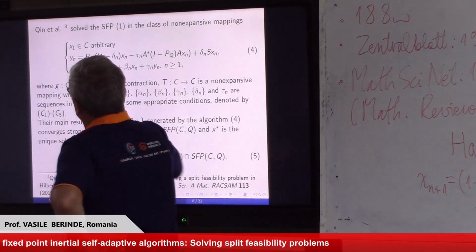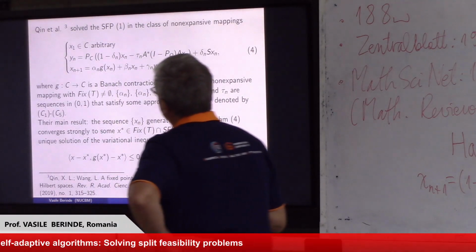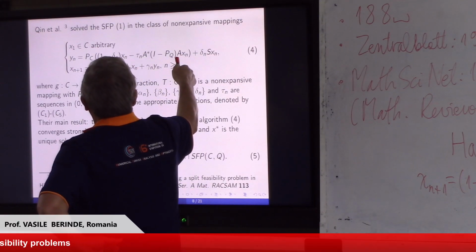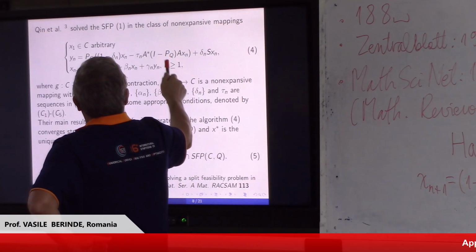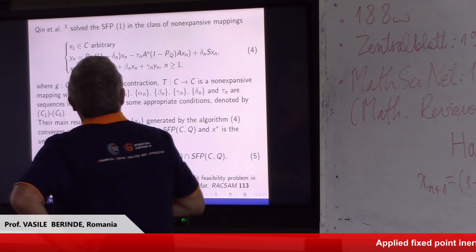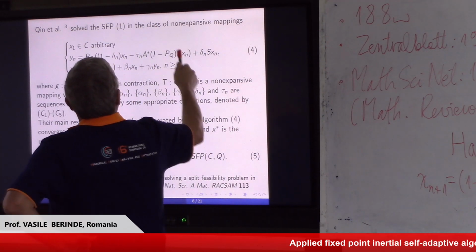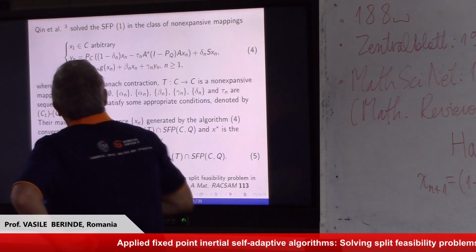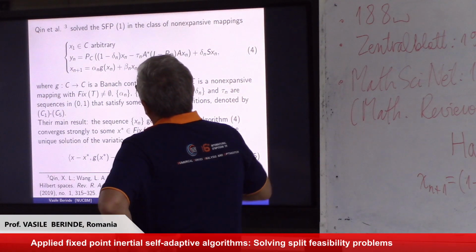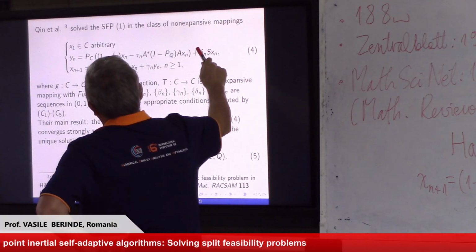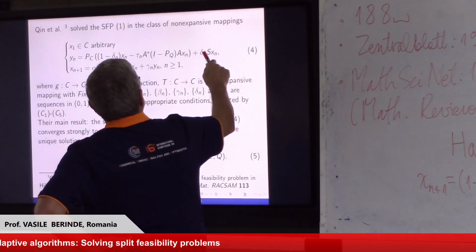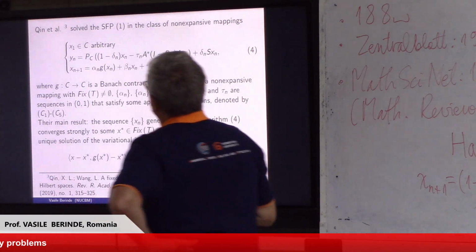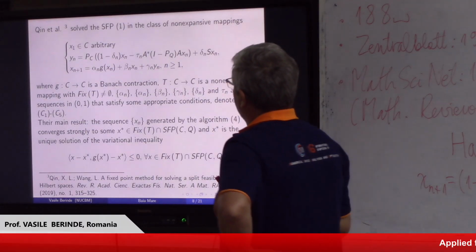Such an algorithm is not difficult to read. So we start from x1, arbitrary in the set C, then we have the linear bounded operator A given, we construct the projection operator Q, we construct this operator, then we project all on the set C, and here is T, because T is a non-expansive mapping with a fixed point set different from zero.